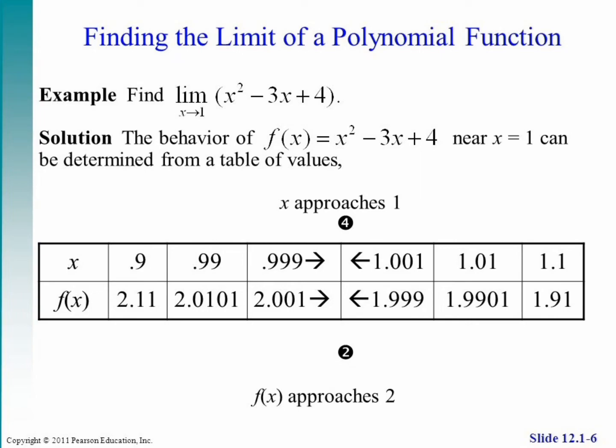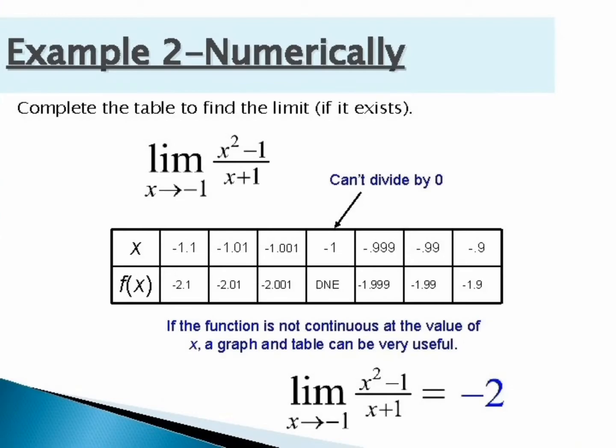So if you substitute these x values into the function x squared minus 3x plus 4, you could see that as x approaches 1, the function is approaching 2. So you write the limit function again and equate it to 2 as the answer. Can you practice the following examples?